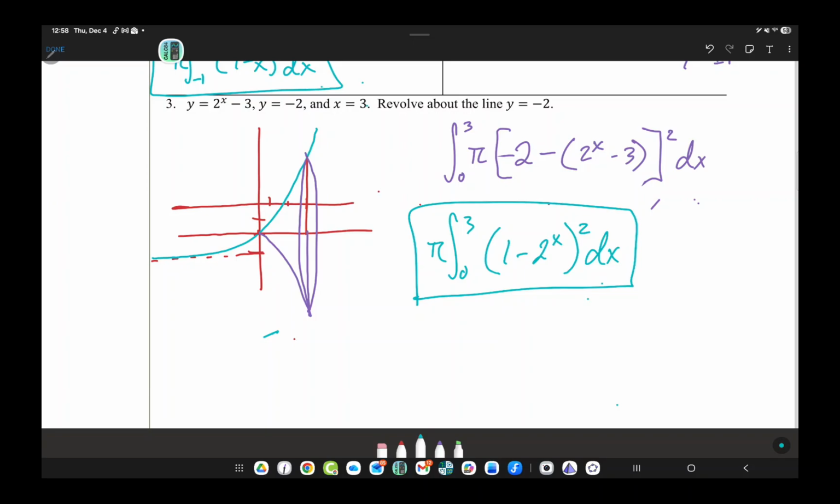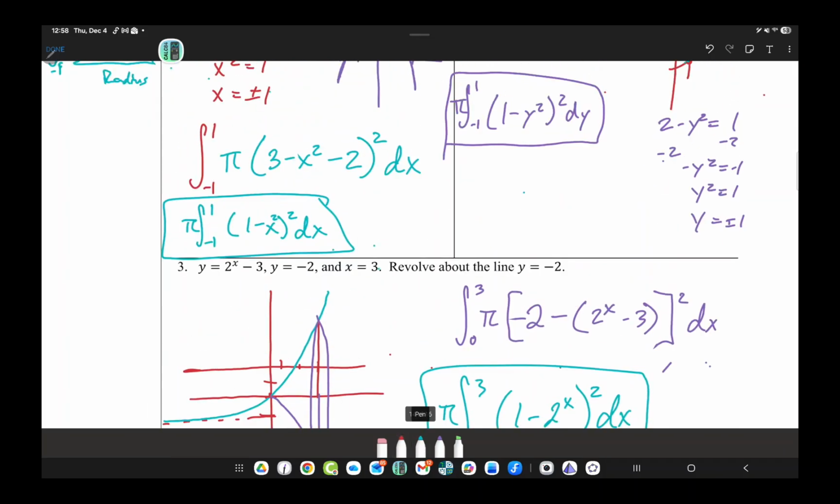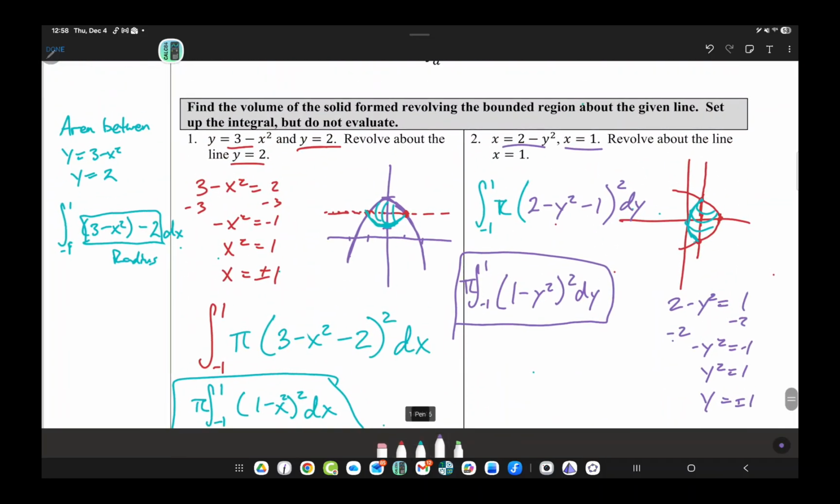Yeah. So for example, let's go back up to this first one here. If I wanted to shift this to rotate around the axis, what would I do to the function? How far would I shift down? So I need to go down 2. Now all that would happen is that I would decrease this by 2, right? So my function would be 1 minus x squared, which would be my radius function.